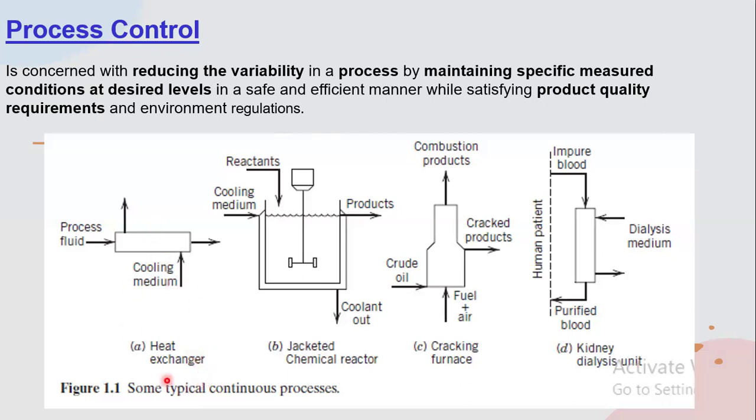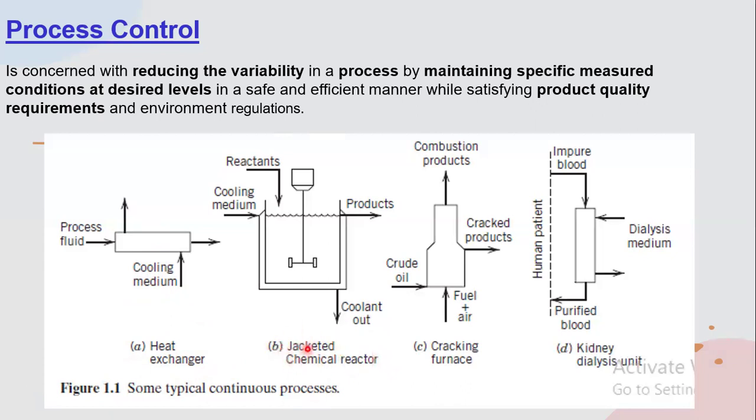We know what it does: it allows heat exchange between two mediums. When you have cold water and hot water, there will be transfer of heat between the two mediums. We learned about this in more depth in first semester.